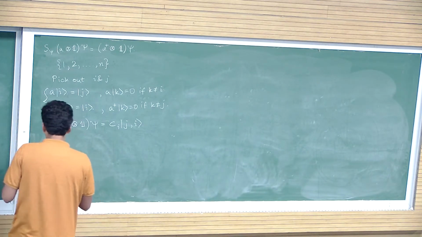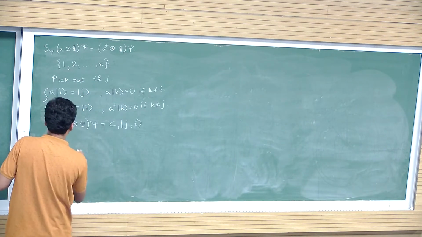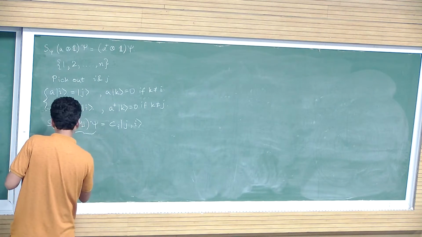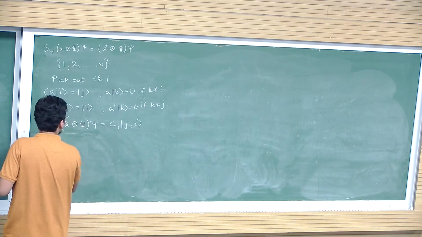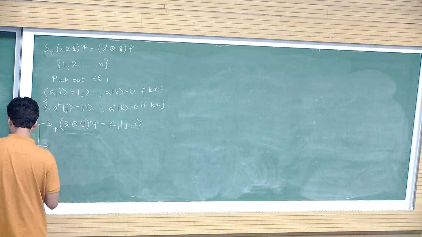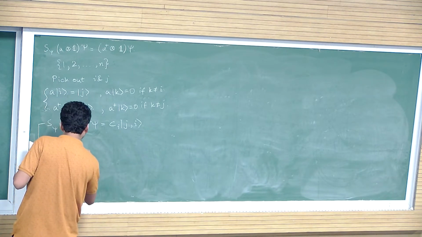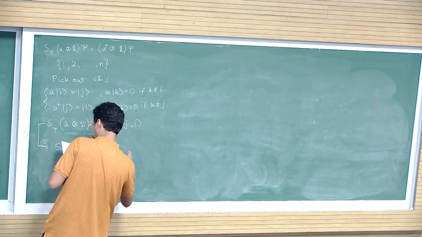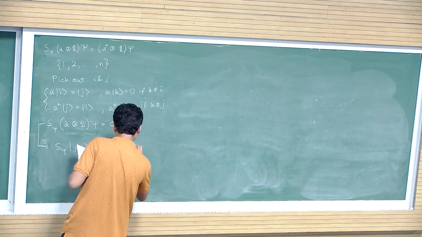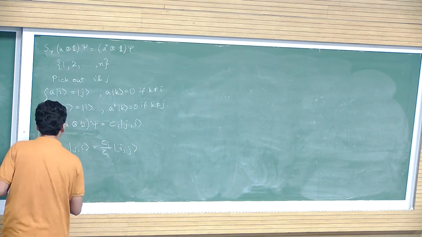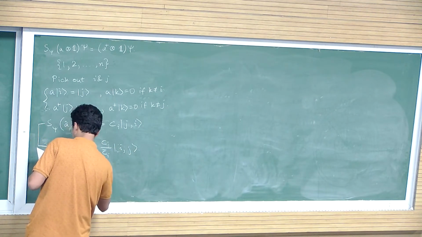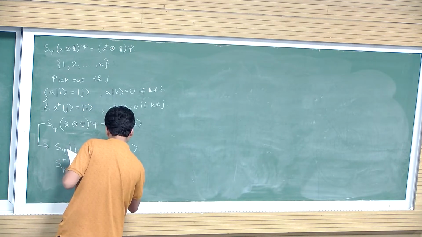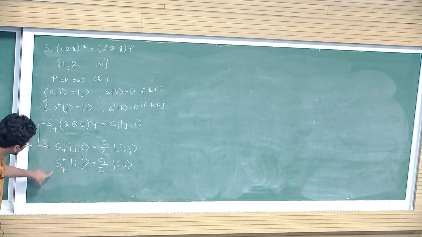So from this particular action, what we essentially get is the action of S psi on j comma I, which flips, and S psi dagger acting on I comma j will be j comma I. So this is what the action of S psi and S psi dagger will be.